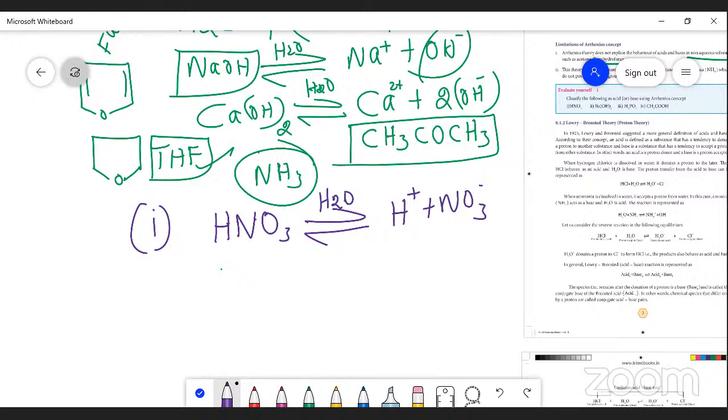So it is an acid. The first one is an acid. This is the beginning result.